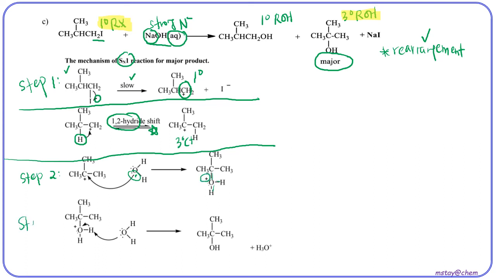Then step number 3 will undergo deprotonation. The lone pair of electrons of the oxygen from the water will attack the hydrogen, and then the bond will break down heterolytically again, and in the end the oxygen will have 2 lone pairs of electrons, and the side product is H3O+.